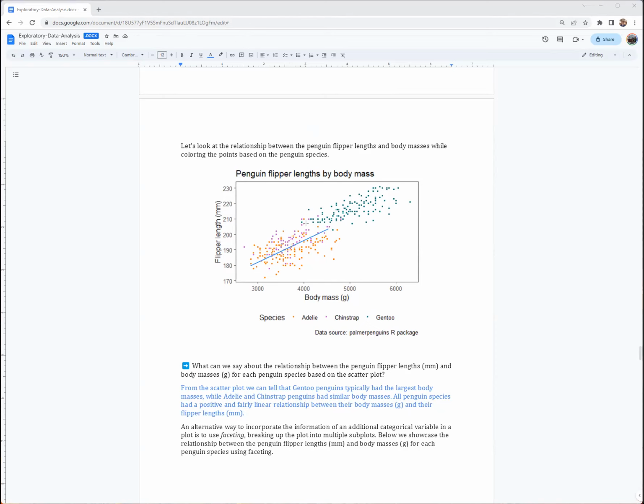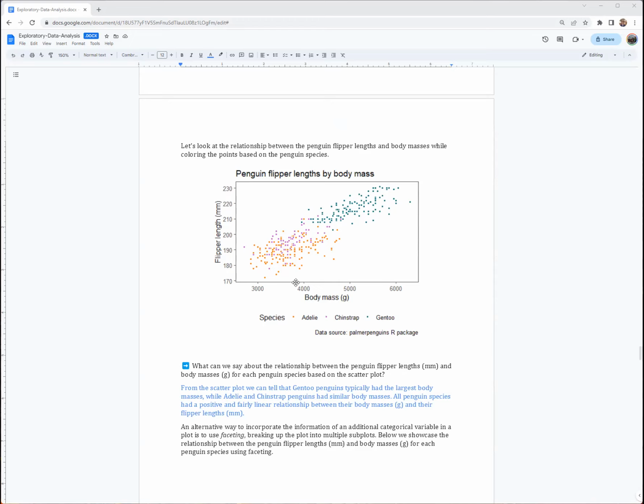The Gentoo penguins, which would maybe look like this. And then the chinstrap penguins, which maybe look like this. Okay, so all the lines are positive within each group, pretty linear. Yeah, so that's a few things that we can take away from this plot.